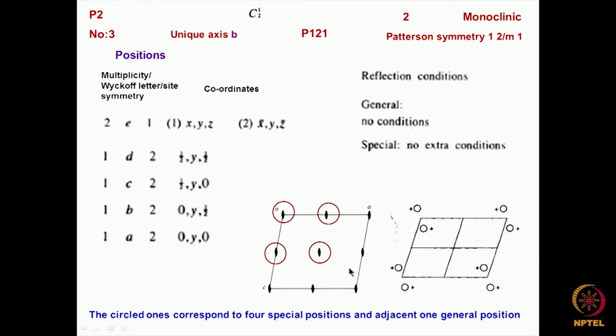And this corresponds to the coordinates where the motifs are being placed with respect to a general point. Okay. So, this is the table which is very important for constructing the crystal structures. Along with it, we should know what the lattice parameters are. If this information is available, we can construct the complete crystal structure.